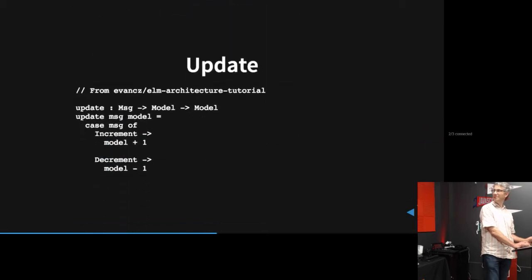The update, again, straight out of the tutorial, is a function that takes the message that we've defined and a model and produces a new model. So the message is going to be either increment or decrement, and the model will be the integer that was defined. And when you increment, it simply produces a number 1 higher or decrement 1 lower.